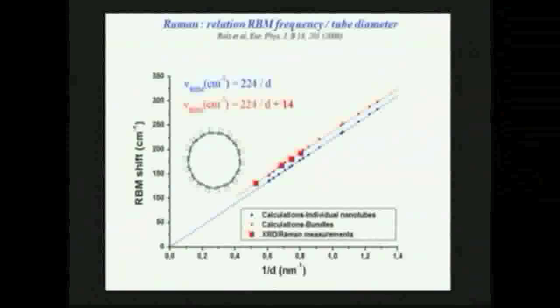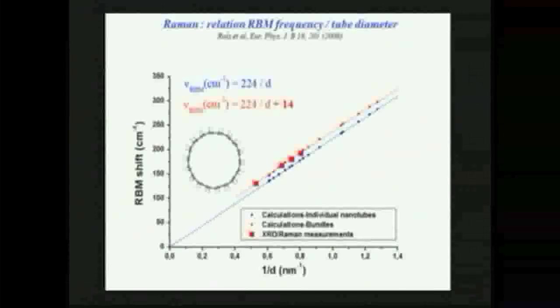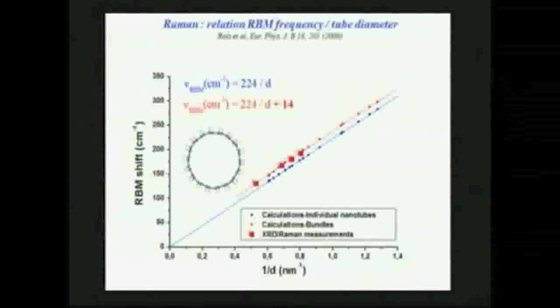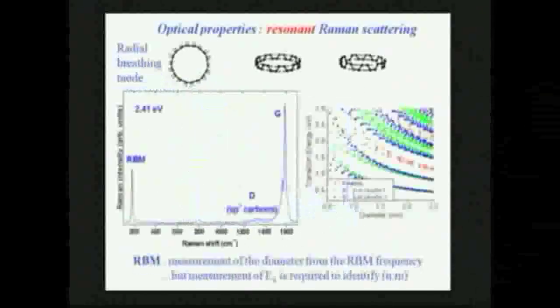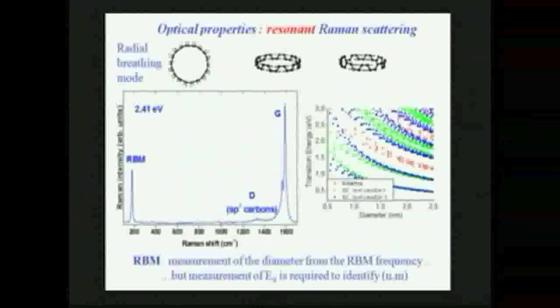So typically, the frequency will be related to 1 over the diameter, and you will have to determine these two coefficients, which will depend on the details of the environment. This was achieved on macroscopic samples, on powders of nanotubes. But you can also do that, I will show you later, on individual nanotubes.